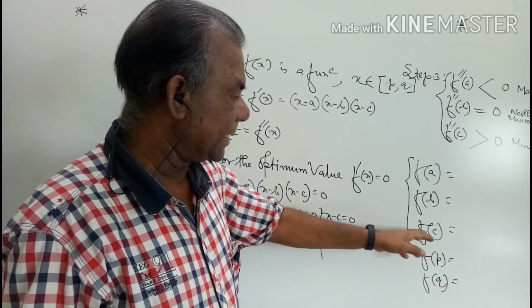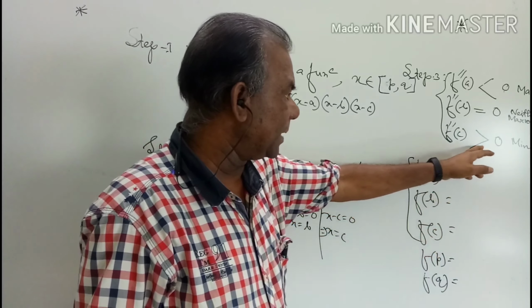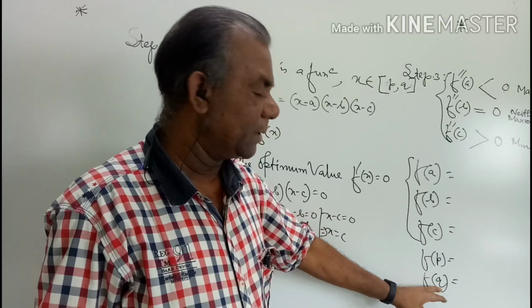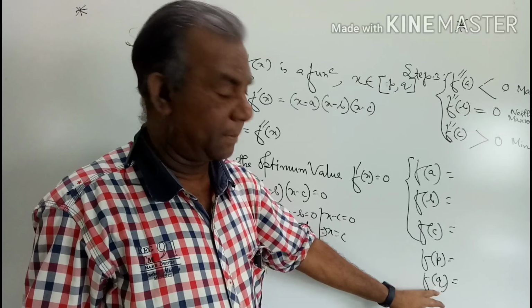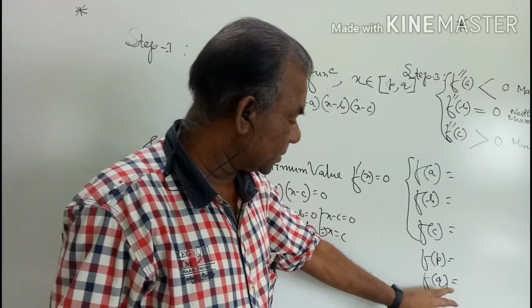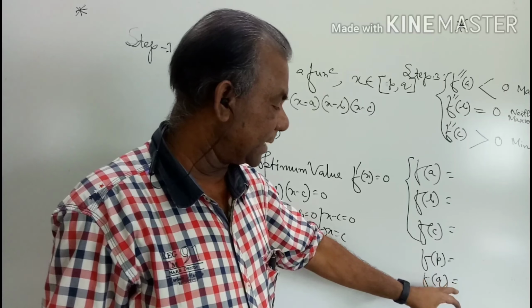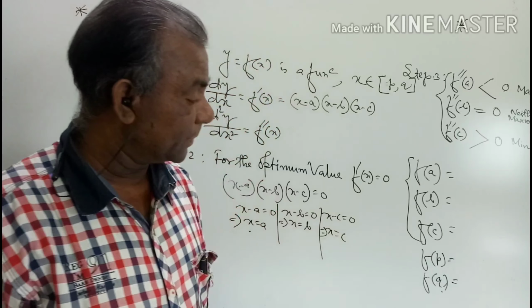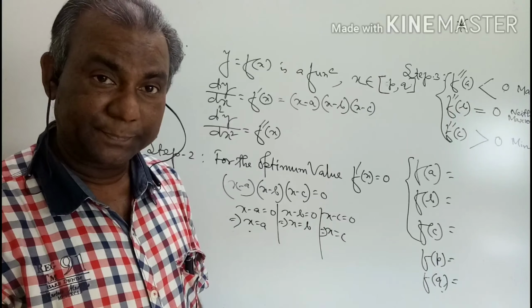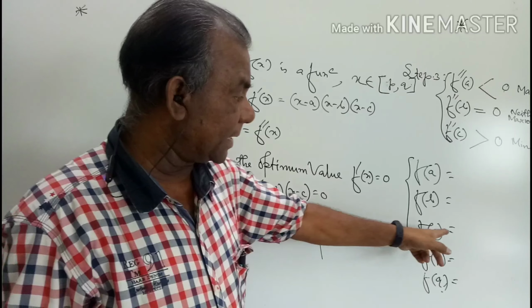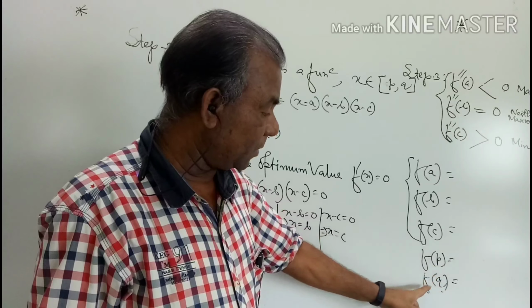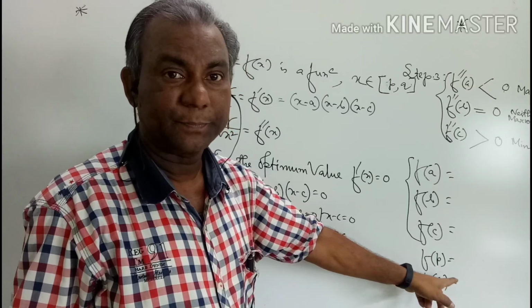But if F(C) is a local minima, and after getting the functional values you see that F(Q) is the smallest one, then F(C) is the local minima but F(Q) is the global minima.